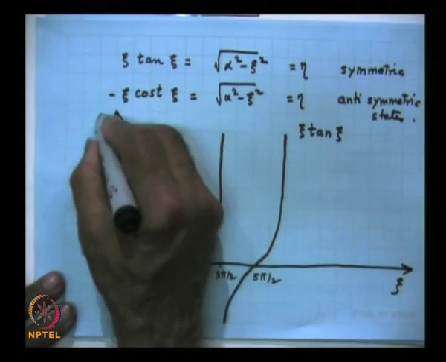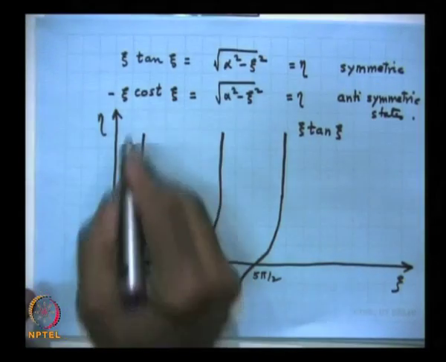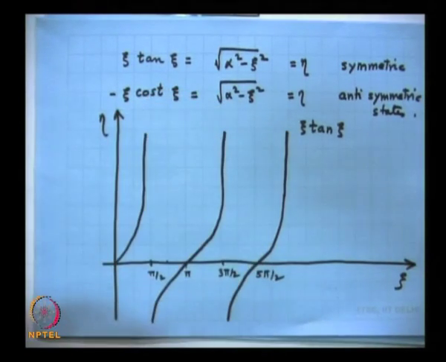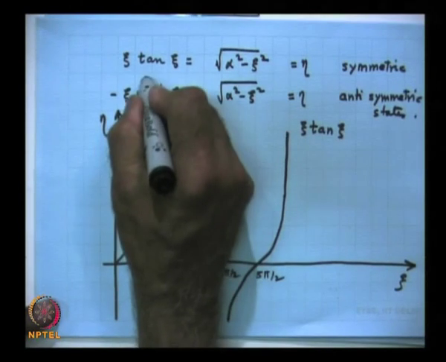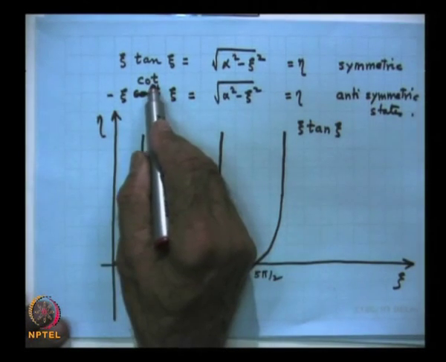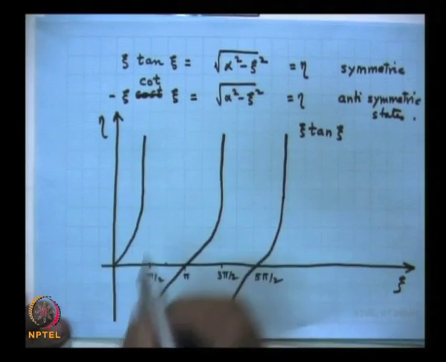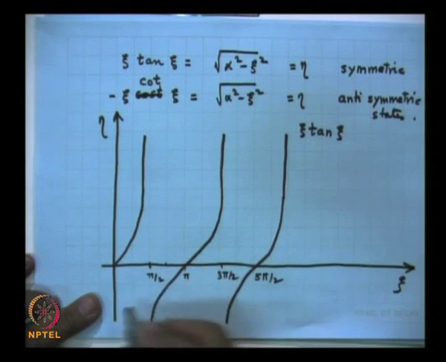So, this is eta. Now, let me plot minus, oh I am sorry, this is not cos, this is cot, cotangent. So, xi times cotangent xi tends to a finite number at xi equal to 0, because cot xi tends to infinity as xi tends to 0. So, the product is something like this. At pi by 2, cot xi is 0.